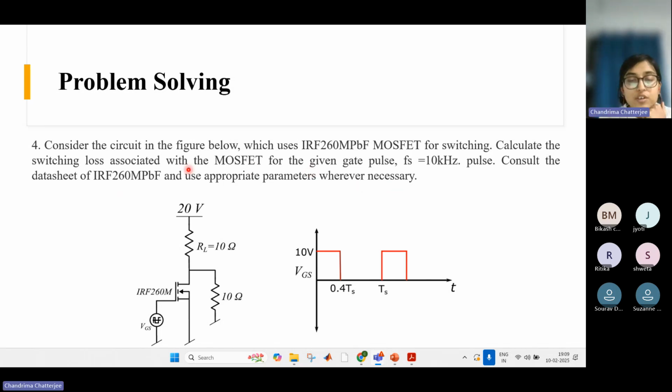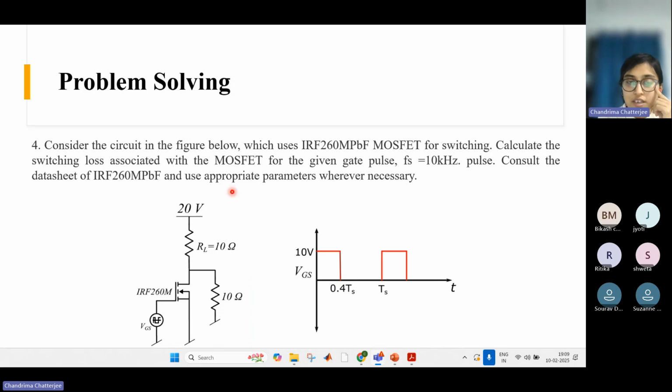So they have asked for the switching loss. To calculate the switching loss, what do we need? We need the rise time and the fall time, right? Because when the switch is transitioning from off state to on state, during that time the current will rise, and that time is called the rise time.